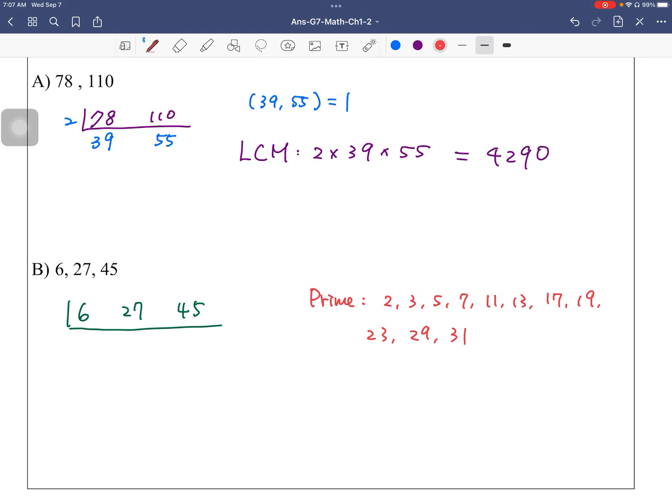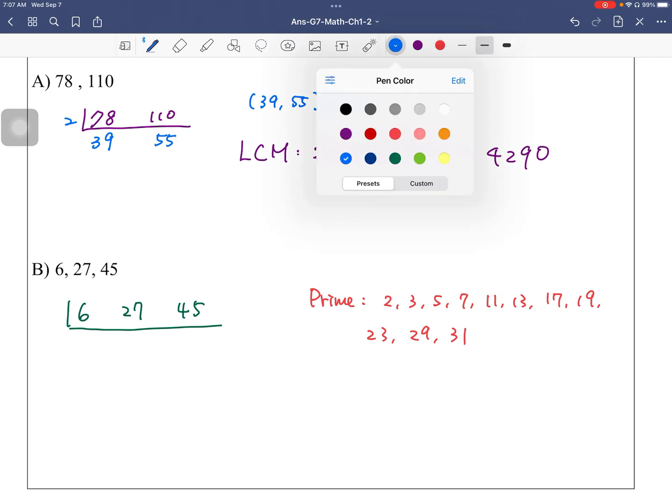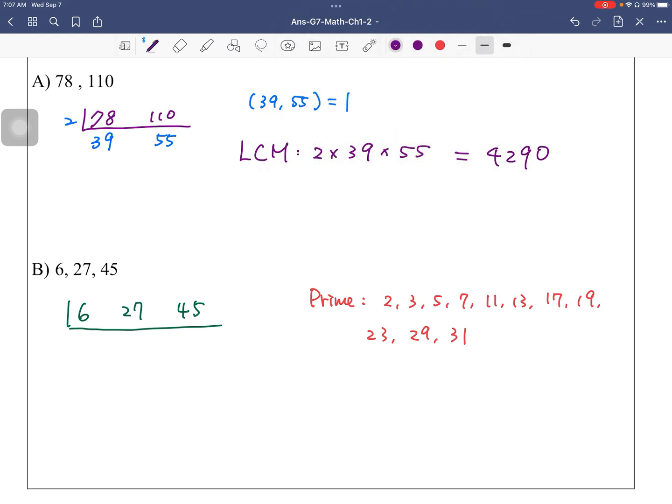So I start with the smallest prime number. I use 2 and it doesn't work, so I'll just use 3. And this gives 2, 9, and 15.